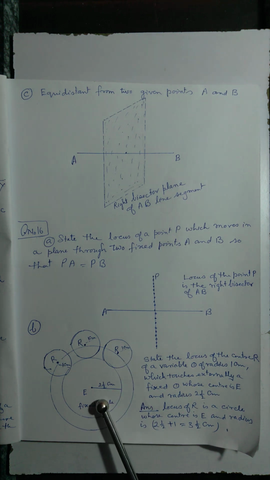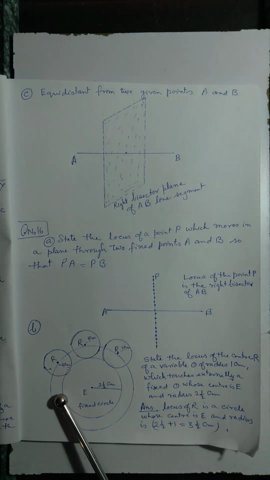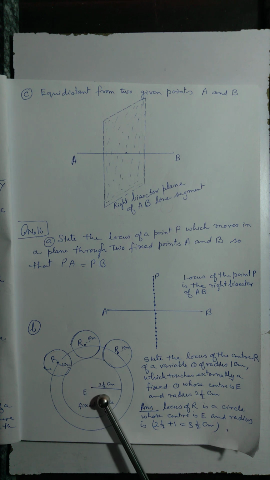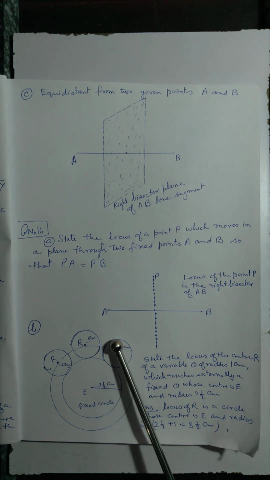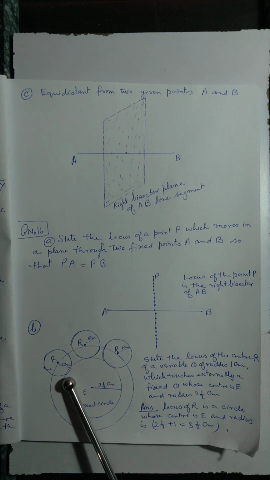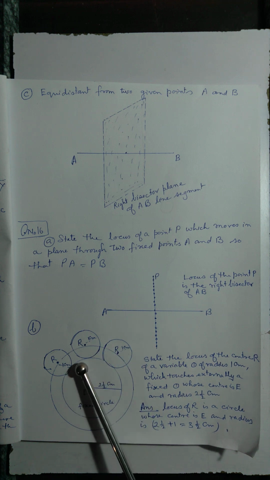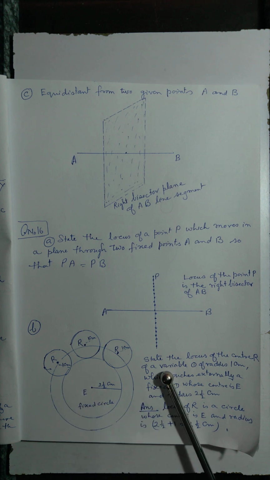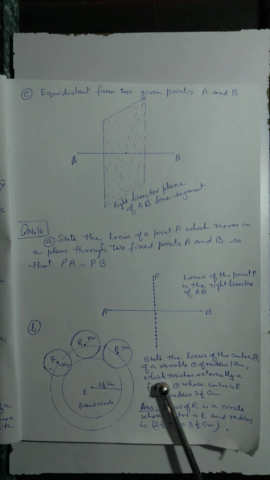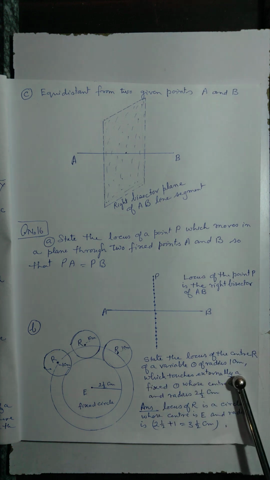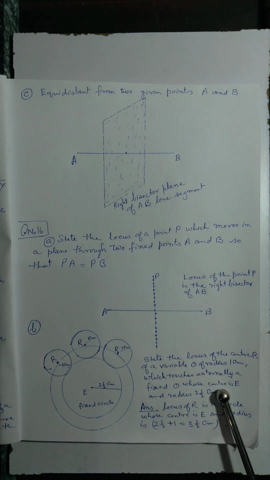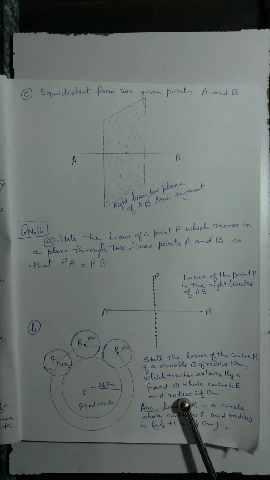So just add 1 centimeter to 2.5 centimeter, and you will get another concentric circle whose center will be E, and it will be just outside, where the small circle having the radius 1 centimeter will keep on moving in such a way that it touches the surface of the circle E. State the locus of the center R of a variable circle of radius 1 centimeter which touches externally a fixed circle.